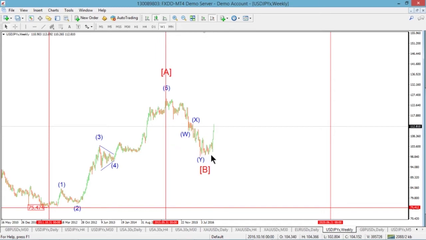So what this dominant trend suggests for the future is a rally in wave 3, which I think at this stage we've probably begun, and probably peak out somewhere around the 140, 145 level, somewhere there.